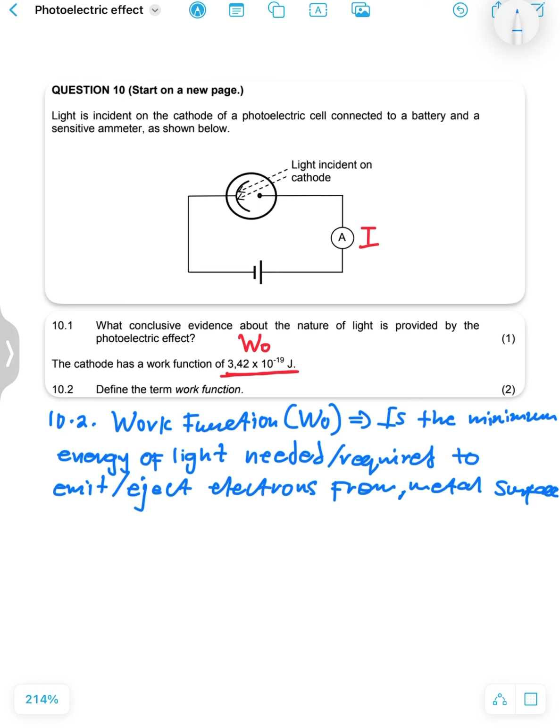So it's the minimum energy needed to eject electrons from the metal surface. That is the definition of work function.